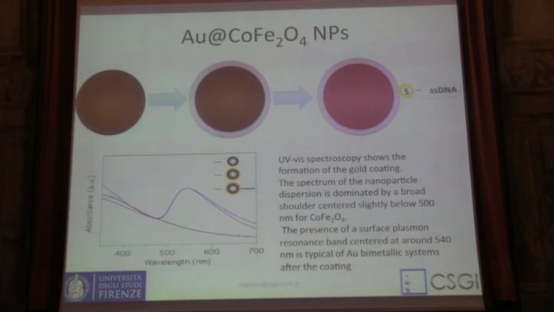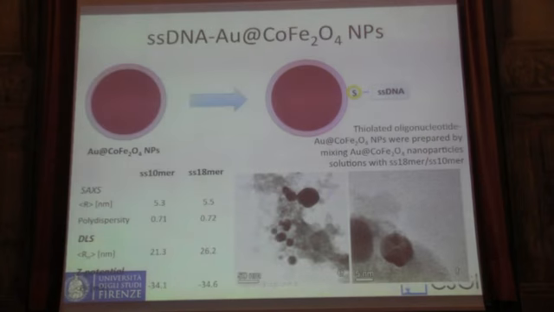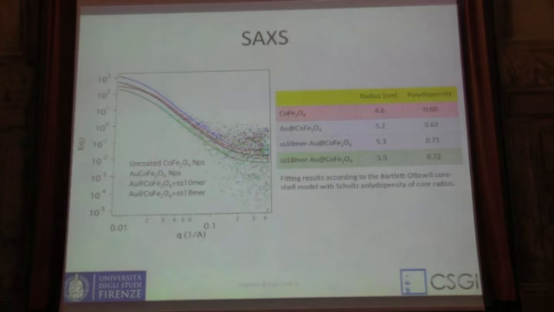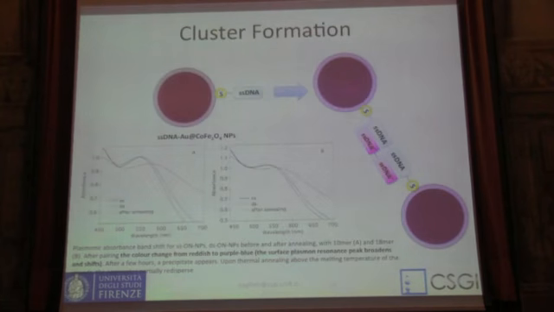So what we get, we start from particle, you cover with gold, you cover with the single strand DNA. Thiolated single strand. You can even attach chemical. You characterize all this in several ways. And then you start forming the cluster.